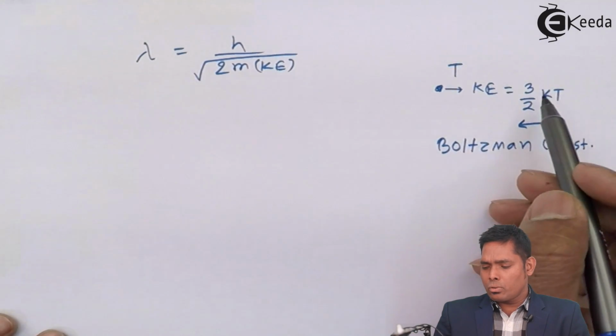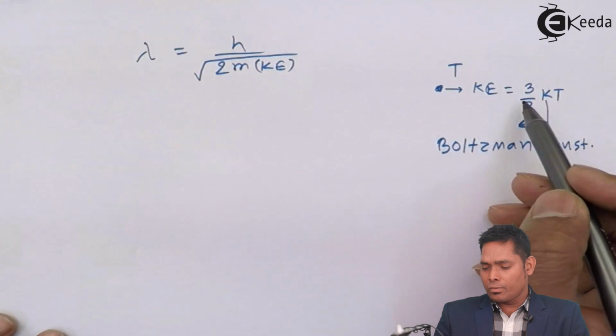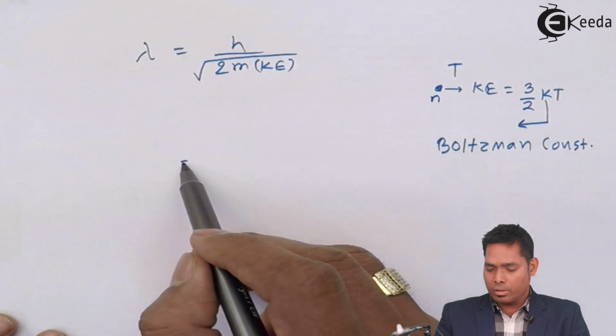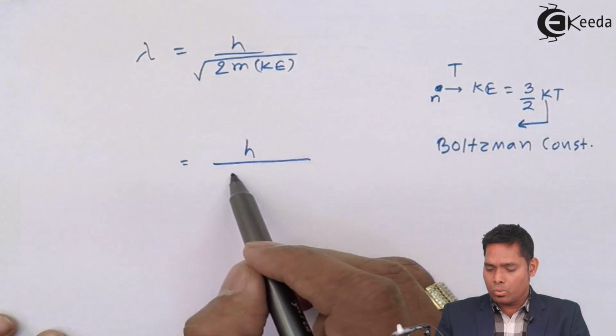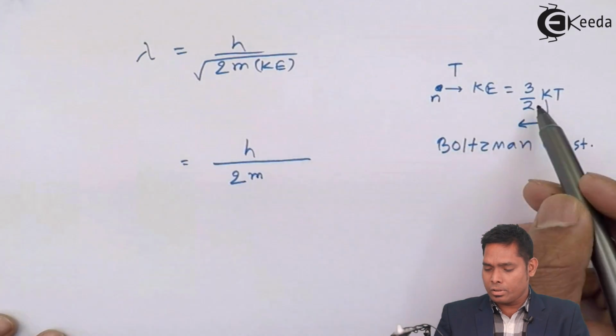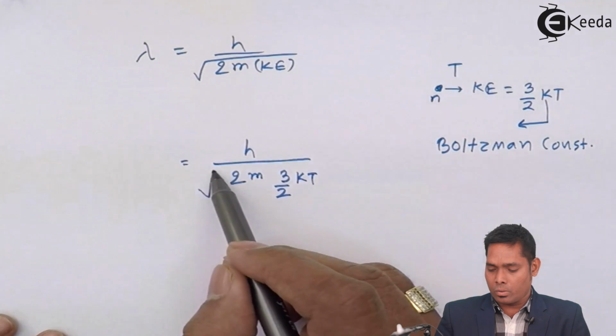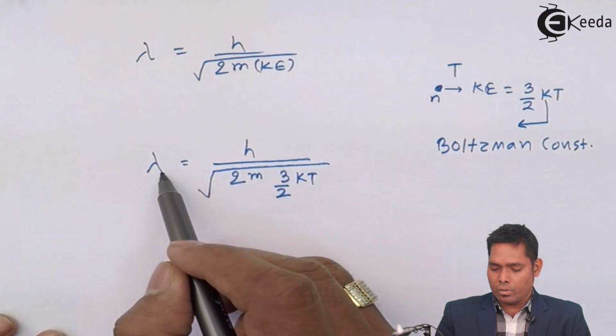And therefore, if I substitute this value of kinetic energy for this neutron, I'll get lambda equal to h divided by the square root of 2m times 3 by 2 kT.